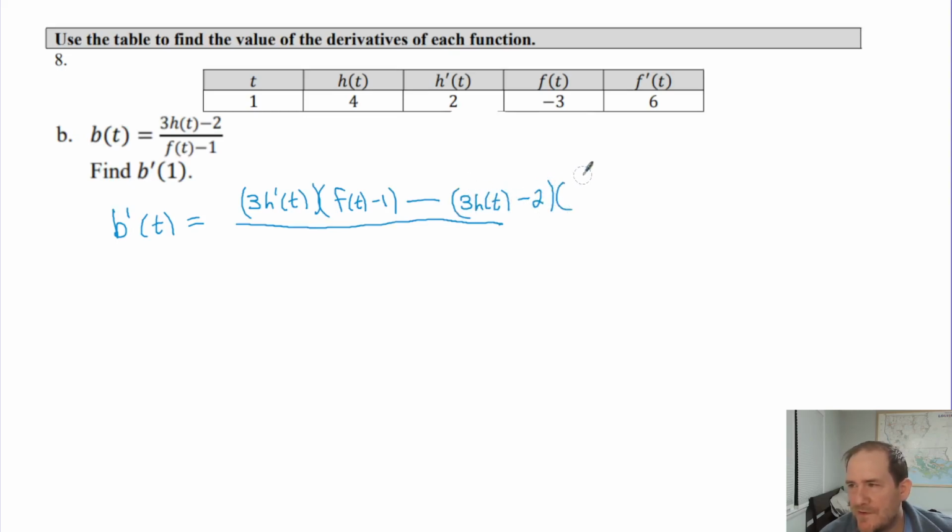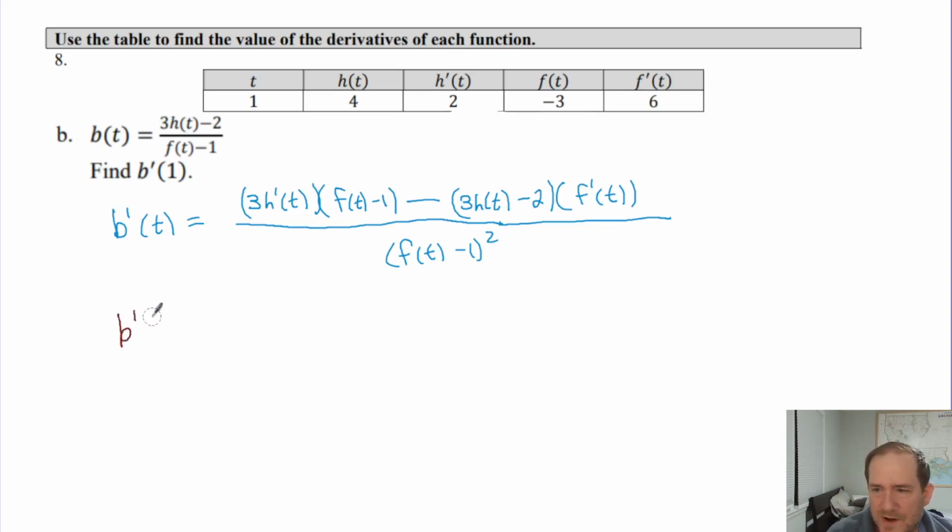Multiply that by the derivative of the denominator, which seems to just be f prime of t. And then the denominator would be f of t, no prime, minus 1, square the whole thing. There's the derivative, so now let's find b prime of 1.